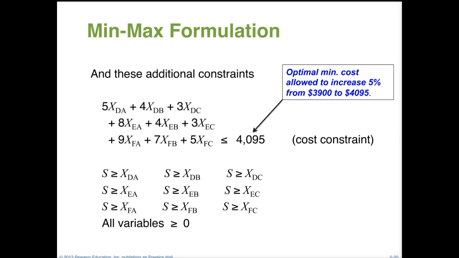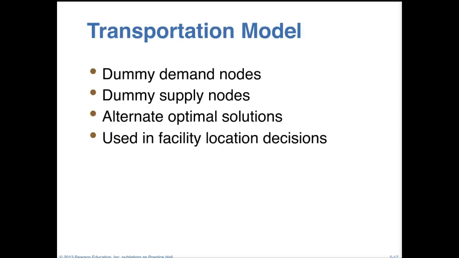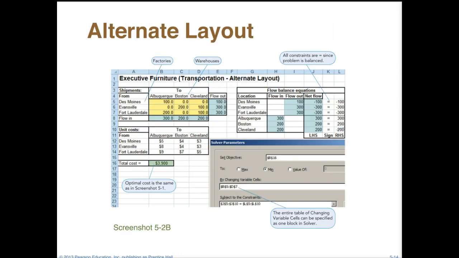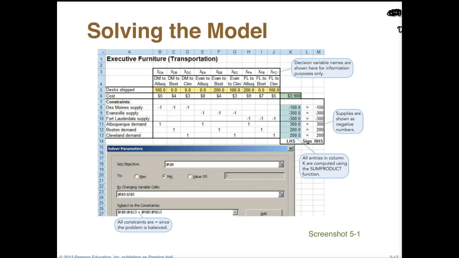So let me go back a few slides to show you where all this comes from. And I'll come back here. When we originally did this, we modeled a situation where 700 total desks had to come out of all our factories and go into all of our warehouses so that they can get to our end customer.